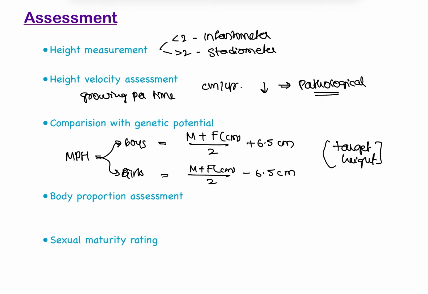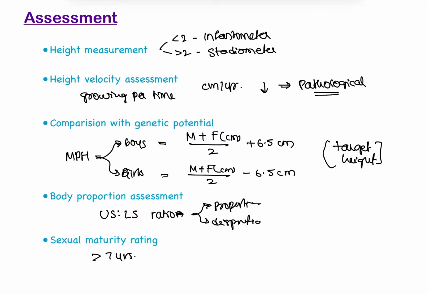Then body proportion assessment. You can assess the body proportion by the upper segment lower segment ratio. It gives whether the short stature is proportionate or disproportionate. Sexual maturity rating. It is done in children above 7 years.